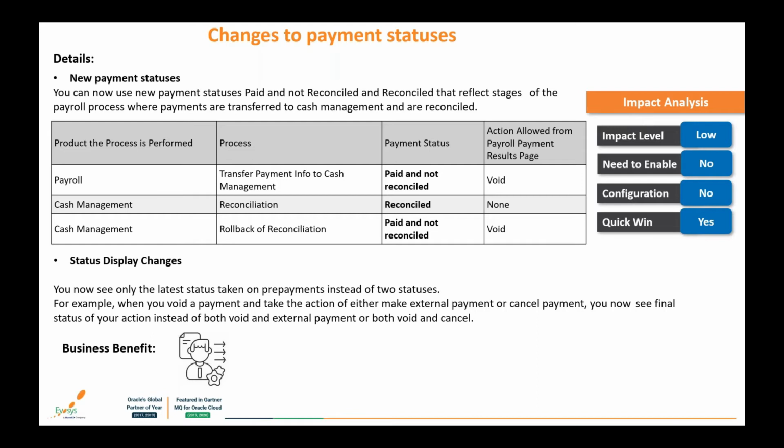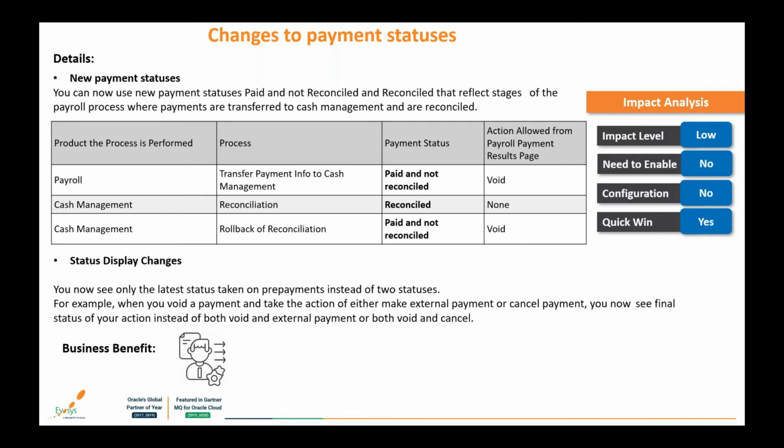Coming to the next new feature, changes to the payment statuses. Oracle has introduced two new payment statuses to give more clarity on the current status of a payment process. The first new payment status is paid and not reconciled, and the second status is reconciled.